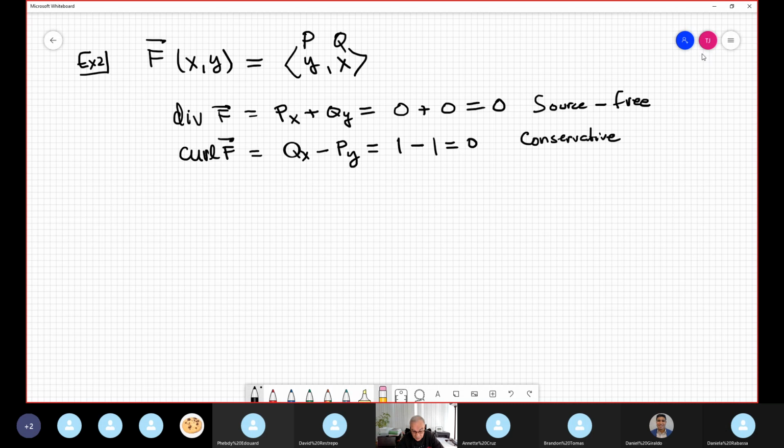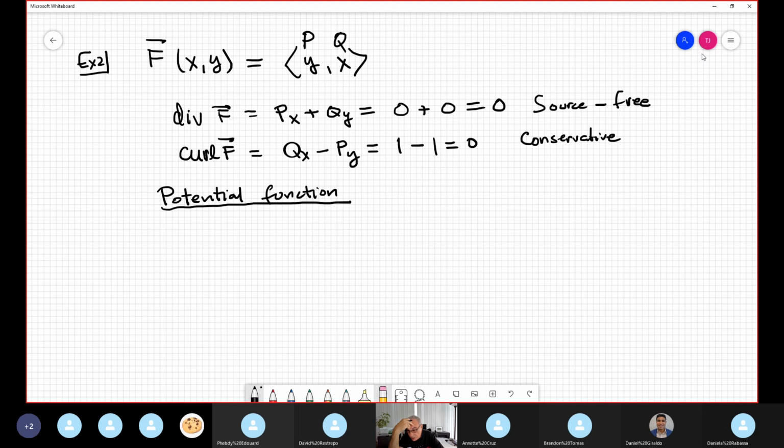If it is conservative, then the potential function exists. I try to find the potential function, and to find it we use the anti-gradient. The anti-gradient is the generalization of the antiderivative, but component by component.